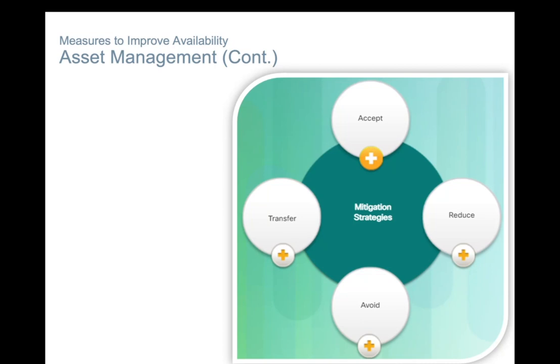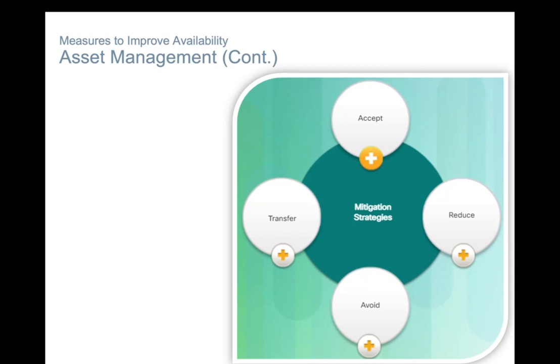The next one is the reduce mitigation strategy. In this strategy, you design a new business process with adequate built-in risk control and containment measures from the start. The third one is the avoid mitigation strategy.